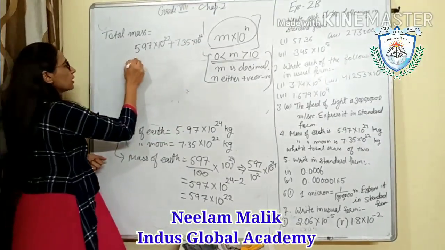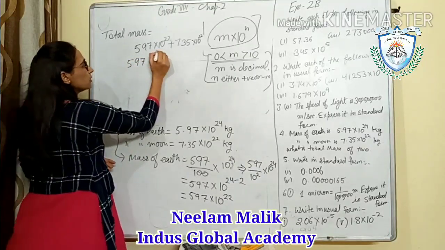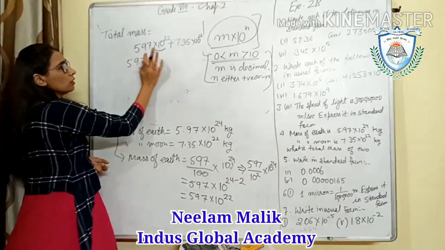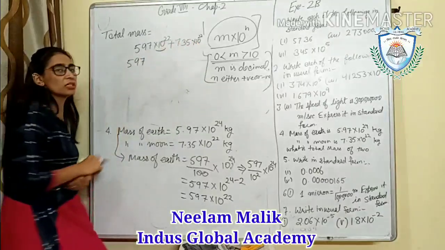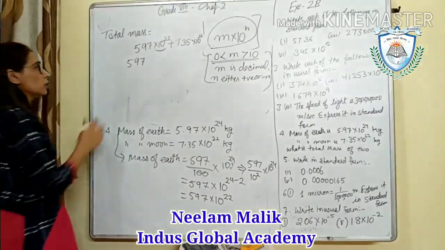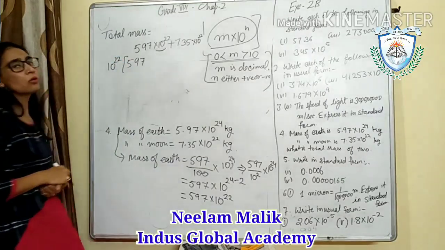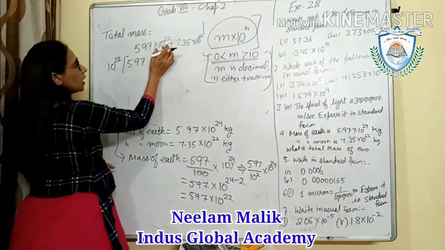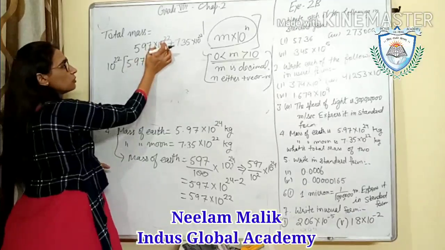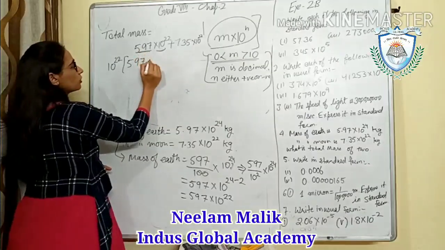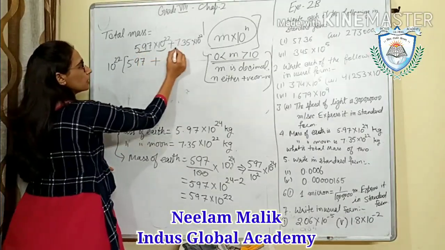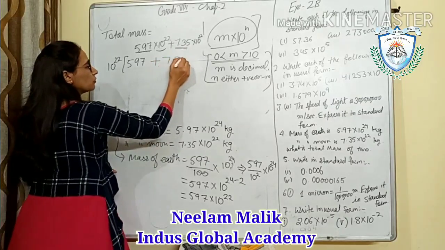So 597 here has 10 raised to power 22 in multiplication, and here is also 10 raised to power 22 in multiplication. So we can take this 10 raised to power 22 common. This will be outside, and here it will be left, plus sign, and now this will be 7.35.